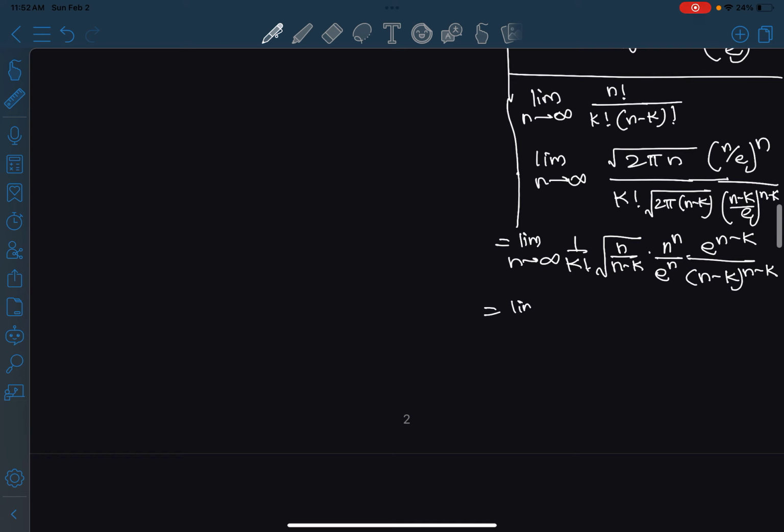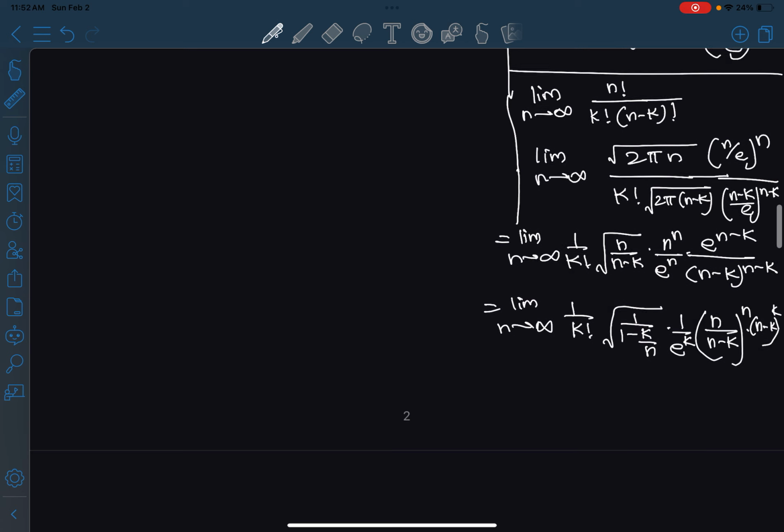After that, the limit as n goes to infinity of 1 by k factorial. You can now write it as 1 by 1 minus k by n, and then this just becomes 1 by e to the power k, since we can cancel the exponents. Now you can write this as n by n minus k to the power n, and then n minus k to the power k. I think I'm right.